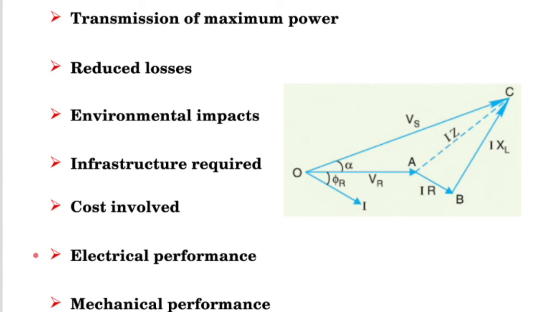We have to consider each and everything, because if we make a mistake in any of these things, we might find that the transmission line has very good mechanical performance, but electrically it's very poor. The receiving end voltage is too small compared to the sending end voltage, meaning we are having a lot of losses here. Resistance is too high or inductance is too high, meaning the design is not good.